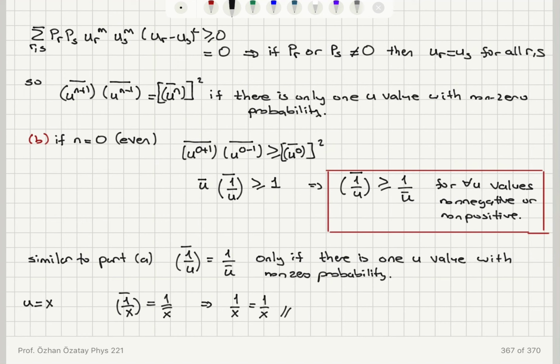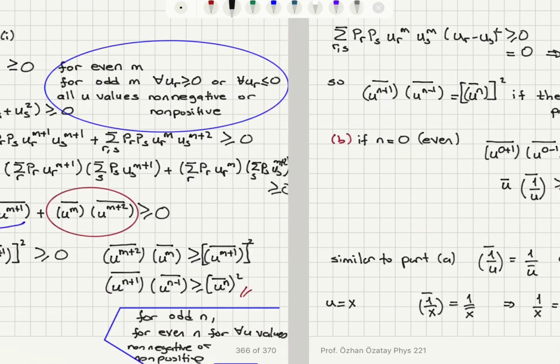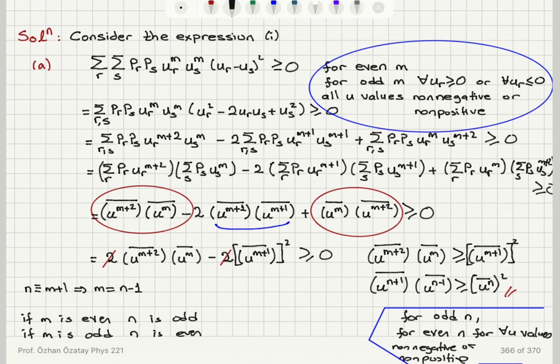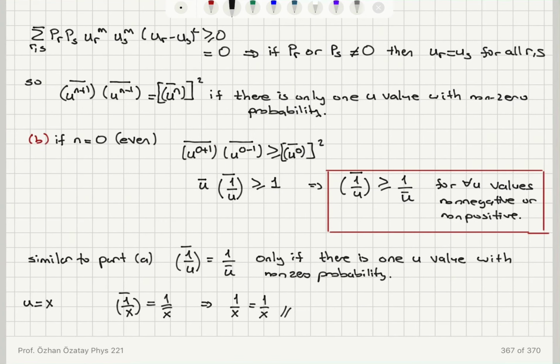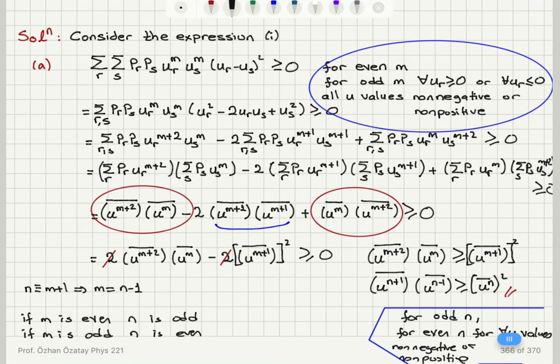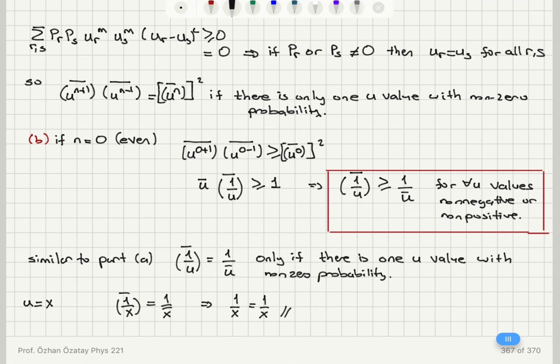So this suggests the average value of 1 over U is greater or equal to 1 over the average value of U. And since n equals 0 is a special case, n is even here, so we're looking at the m odd case, which means all non-negative or all non-positive U values.